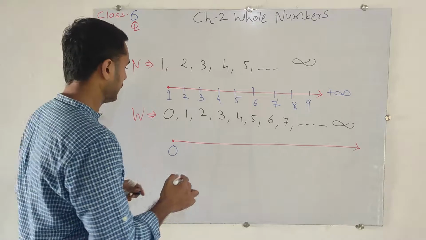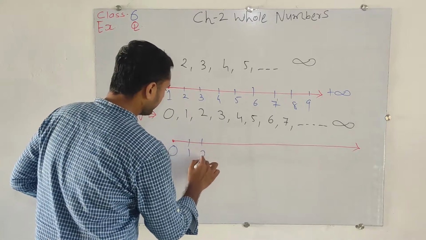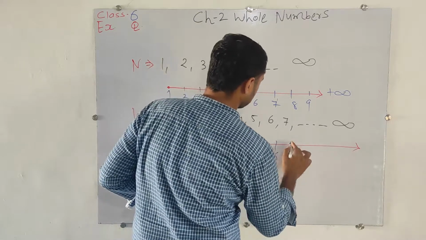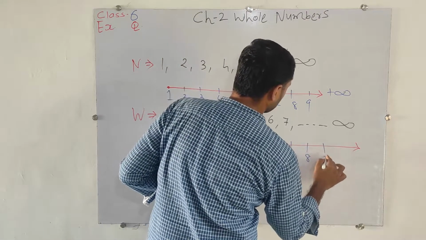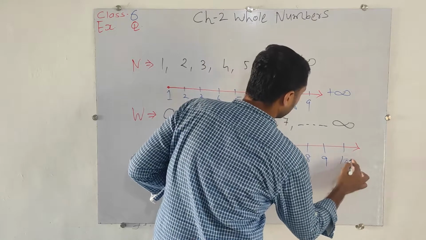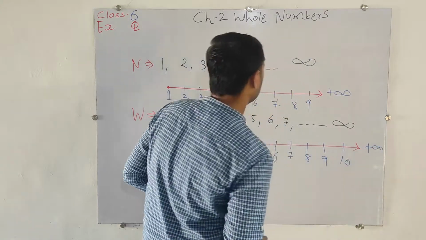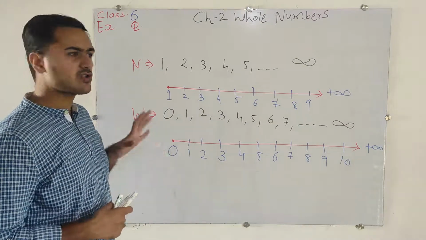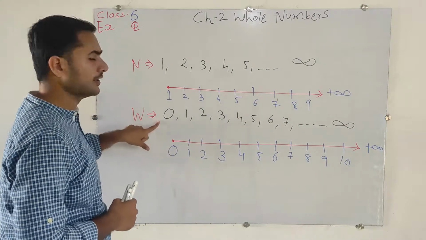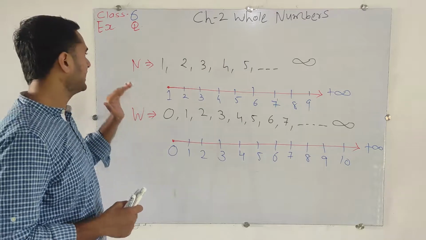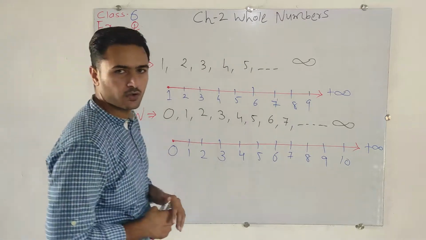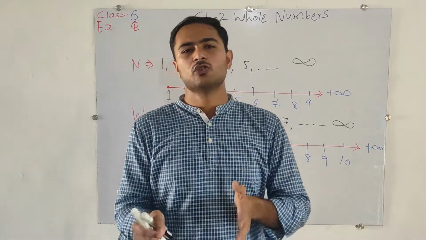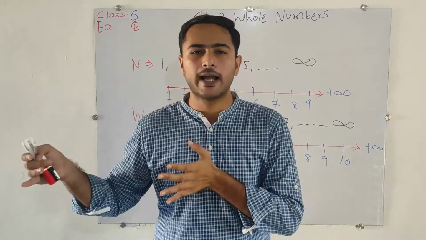Then the next numbers are 1, 2, 3, 4, 5, 6, 7, 8, 9, 10, until plus infinity, as we did for the natural numbers. It is almost the same, the only difference is 0. In the whole number we include 0, and in the natural number we do not. Natural numbers start from 1, 2, 3, 4, and whole numbers start with 0, 1, 2, 3, 4, 5.